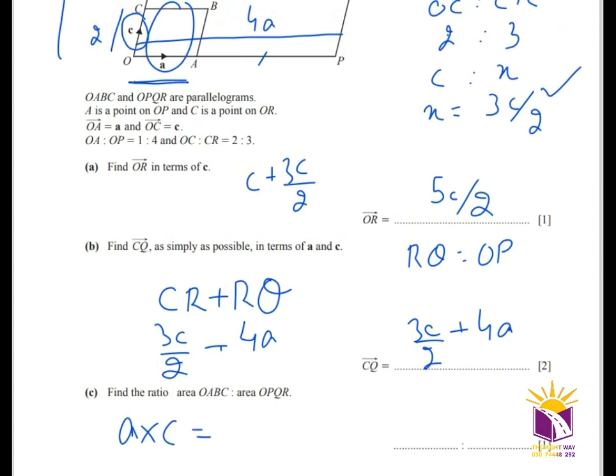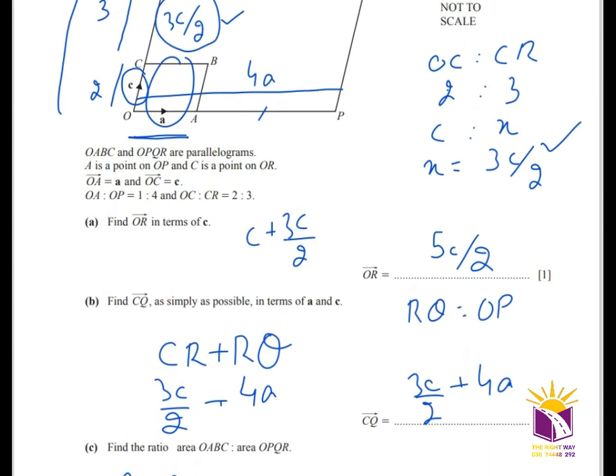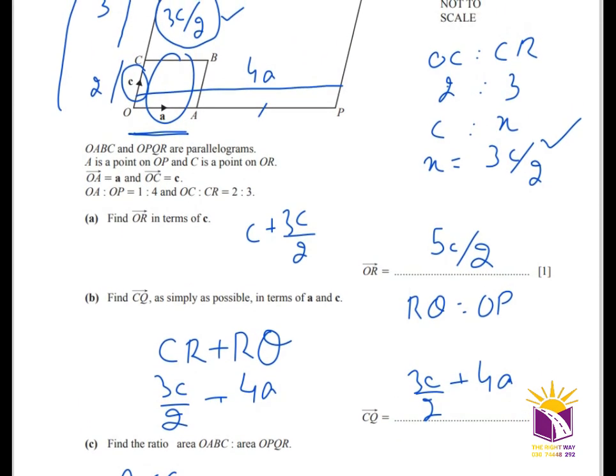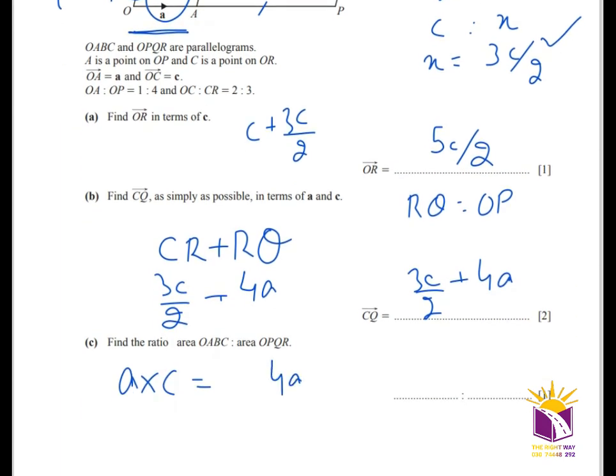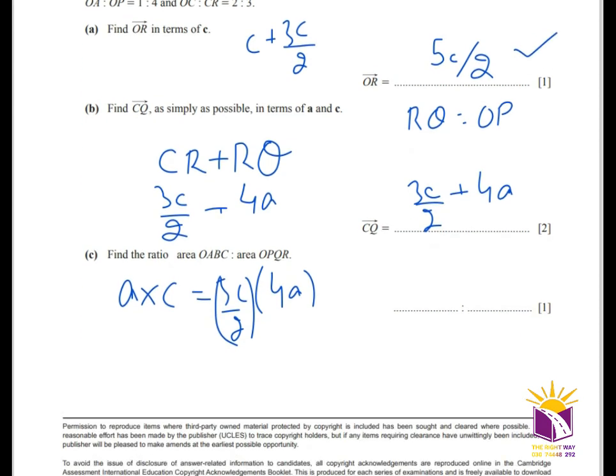And for the area of OPQR, it will be equal to OR multiplied by OP. OP is 4a and OR is 5c by 2, which we have found over here. So 1 ratio to 1 times 2 to 2 times 4, 5 2 times 10. ac will be cancelled out with ac. So it will be 1:10.